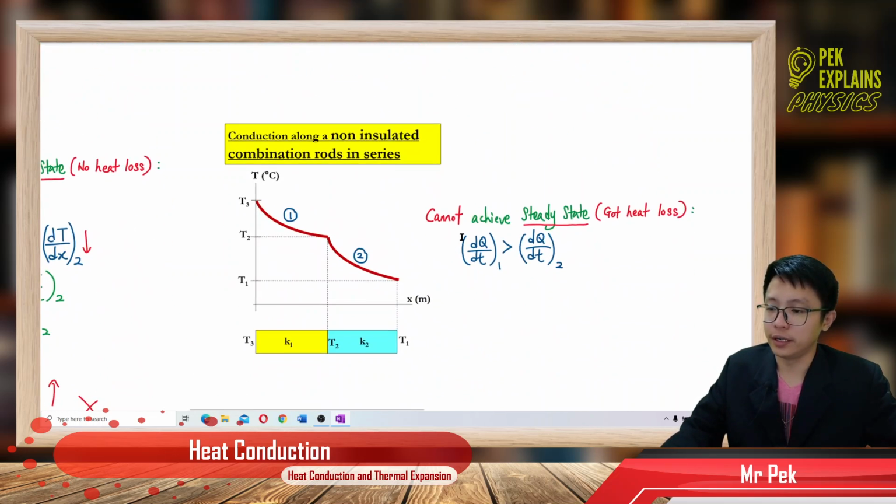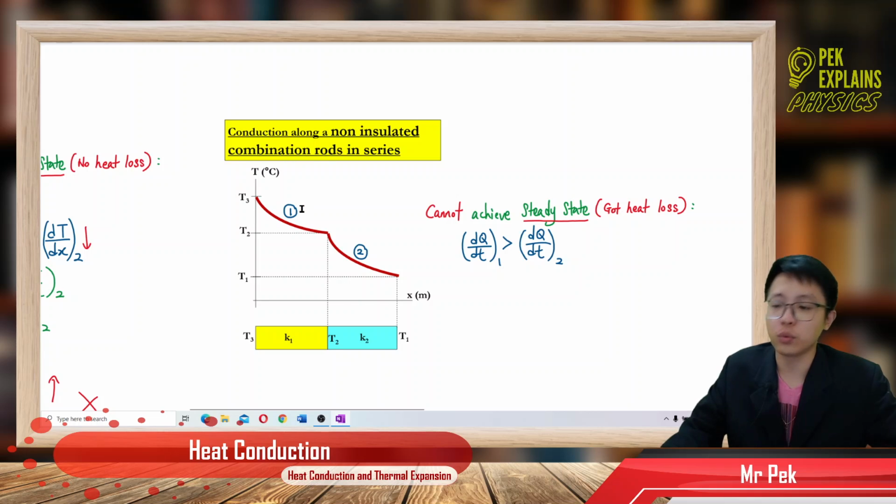So what if a non-insulated combination of rods? What if you have two rods? Still, the rate of heat flow at rod 1 will be more than the rate of heat flow at rod 2. They cannot achieve steady state because got heat loss.